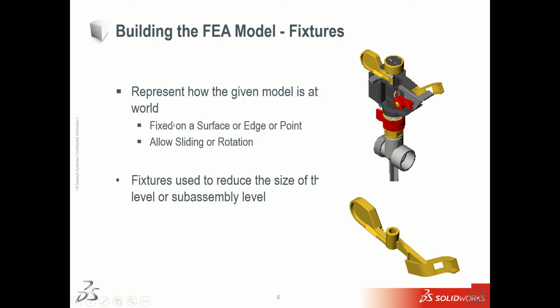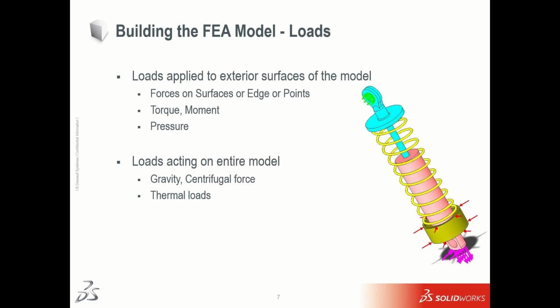That fixture or part is directly replaced with virtual fixtures. You can apply this fixture on a surface, edge or point. You can also apply sliding, rotation, hinge fixtures, and fixtures are used to reduce the size of the model or sub-assembly, because computational time is a very important factor in simulation.